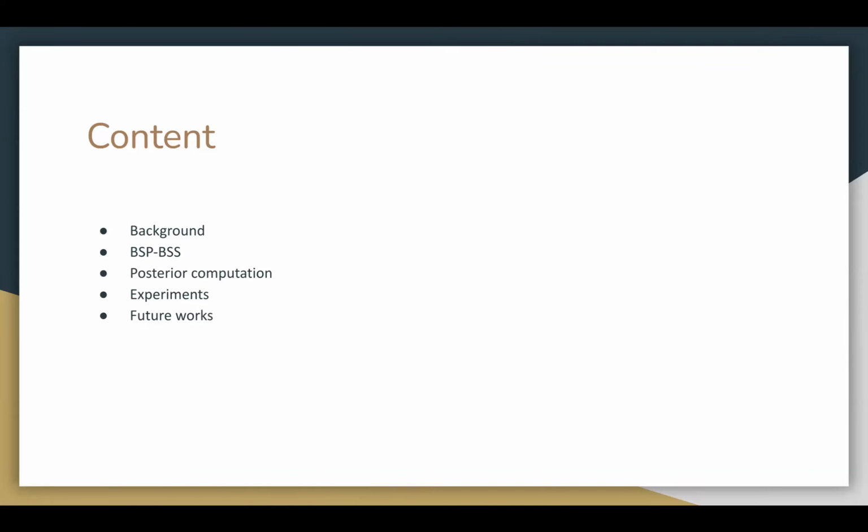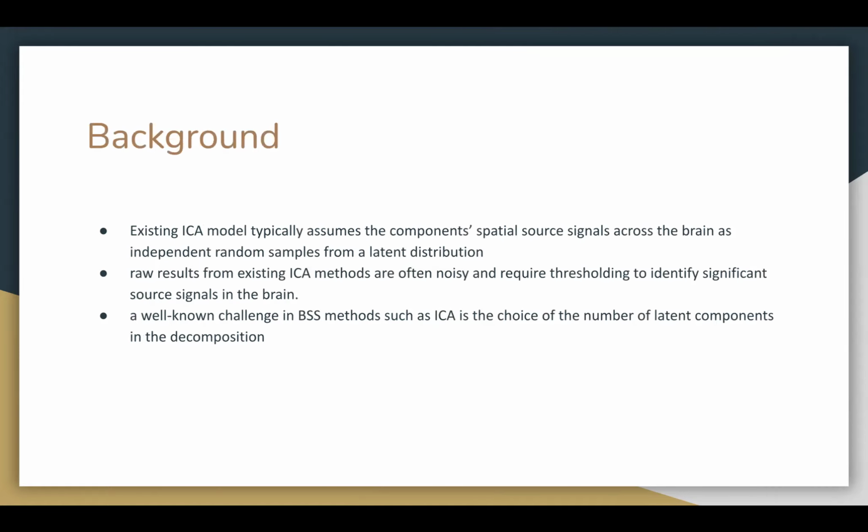Then I will go through the setup of this algorithm, what they assume and why these assumptions matter. These are actually the most interesting part of this paper. Then I will go through the posterior computation, how they decide the final posterior, and give some experiment results and some future work.